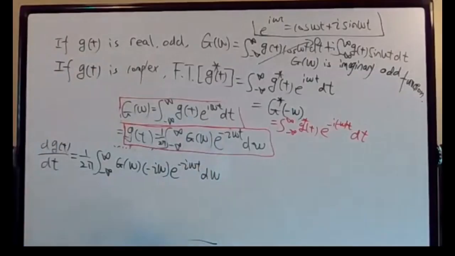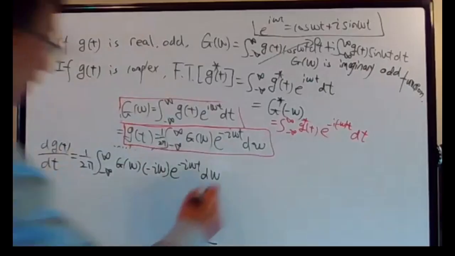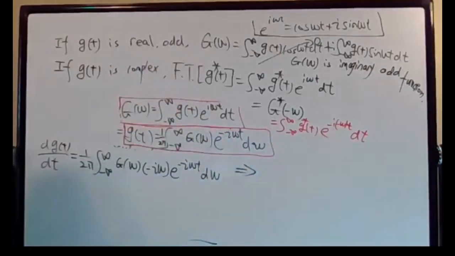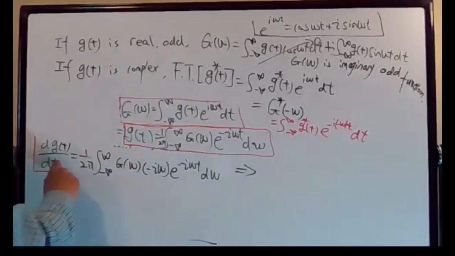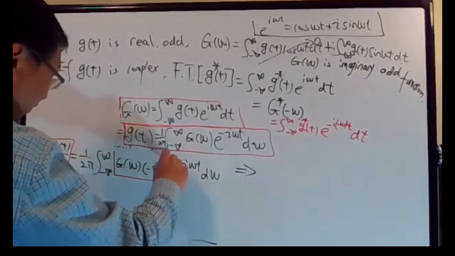Okay, so we take a derivative on the left-hand side and then on the right-hand side. That means the Fourier transform of the derivative is this piece. If I look at this equation, the left-hand side is the time domain, the right-hand side is the frequency domain.